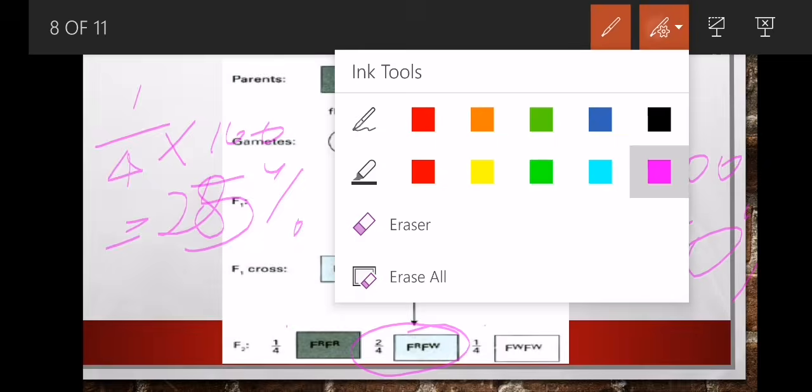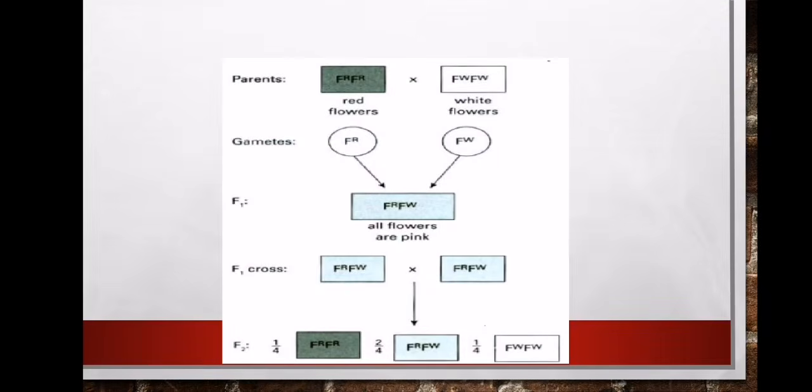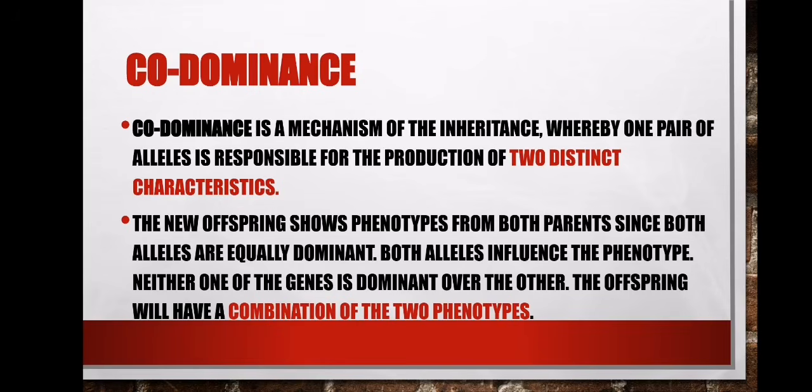Let's quickly finish everything by looking at codominance, which is the last one. Codominance, we say, is a mechanism of inheritance whereby one pair of alleles is responsible for the production of two distinct characteristics.